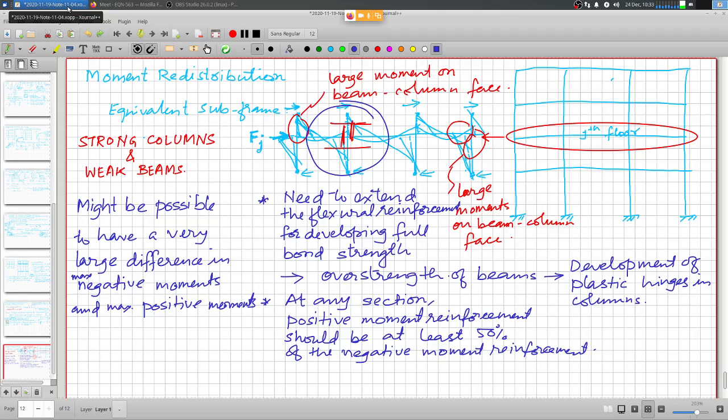If there is a very large difference, first thing, it leads to very complex reinforcing detailing, and secondly, because of the need to develop the full bond, if you provide for a very large negative moment, then by force you are also required to provide at least 50% of that capacity as positive moment capacity, and that leads to overstrength in the beams, which is not accounted for in your design of the columns.